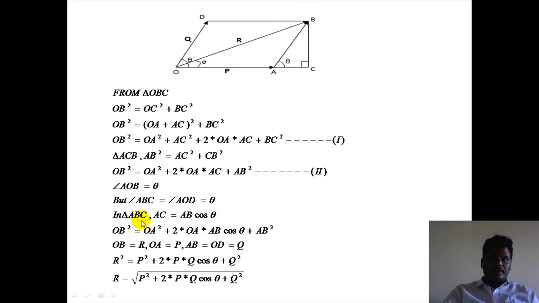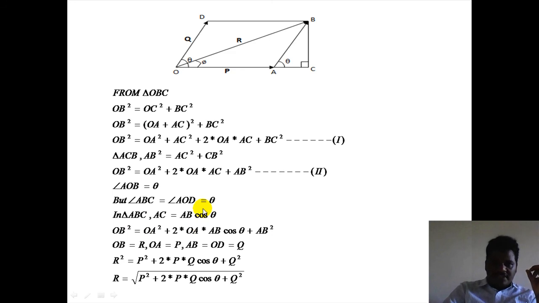Now in triangle ABC, we can write cos theta is equals to AC divided by AB. From this, AC is equals to AB cos theta.